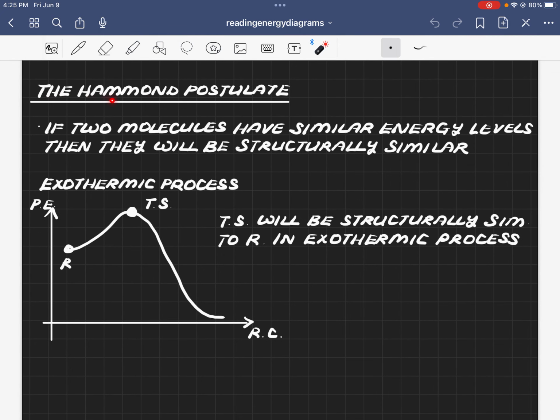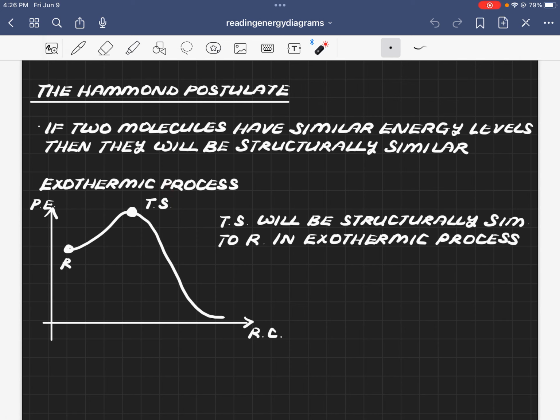So we'll also go over the Hammond postulate. The Hammond postulate basically states that if two molecules have similar energy levels, then they will be structurally similar. So using this principle, we can make a generalization about the structure of a transition state in an exothermic process or an endothermic one. So in an exothermic process, we have the transition state here, and we have the reactants here.